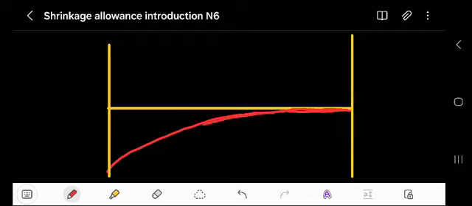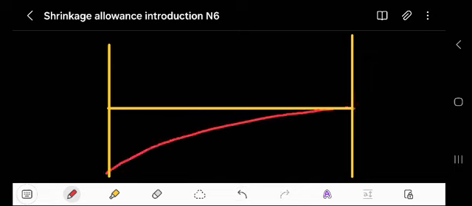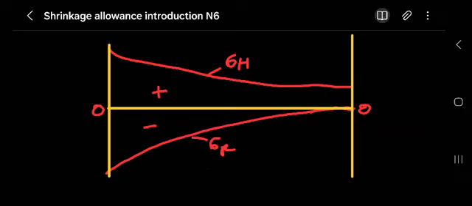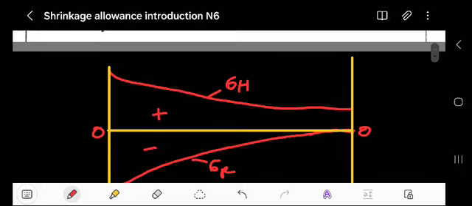There is a zero portion here. We have zero, then our hoop stress will go like that but won't reach zero. Here we now have positive with minus. So this is for the hoop, this is for the radial. Okay, this is the internal pressure graph.